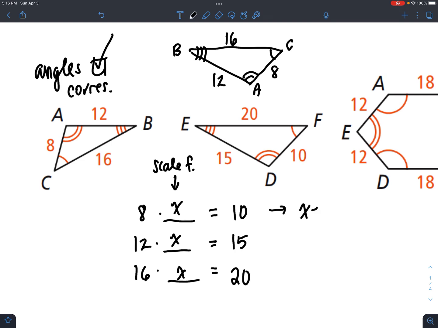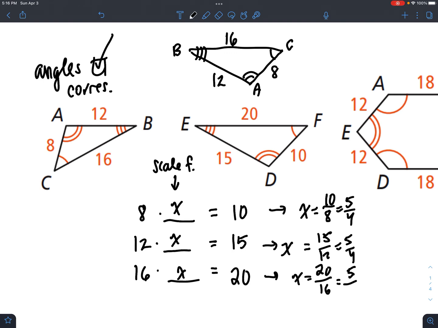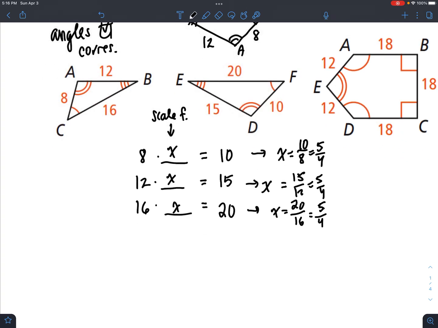So let's solve these equations. X is 10 divided by 8, so that's 5 over 4. We're going to divide this one by 12 and get 5 over 4, and we're going to divide this one by 16 and get 5 over 4. Every side was scaled the same way. So yes, these are similar.